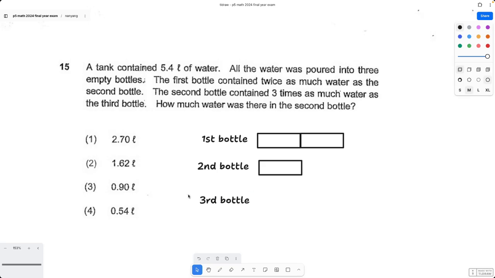So I'm going to put 1, and then another 1, and 2 like this. Then I'm going to put a small rectangle over here. So this is 3 times, and I'm going to put a line like this.